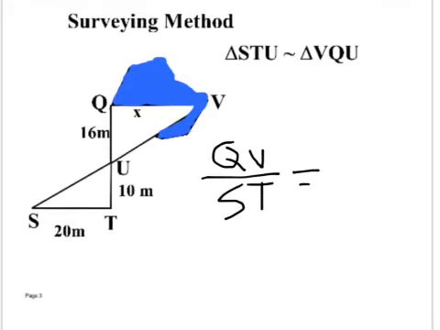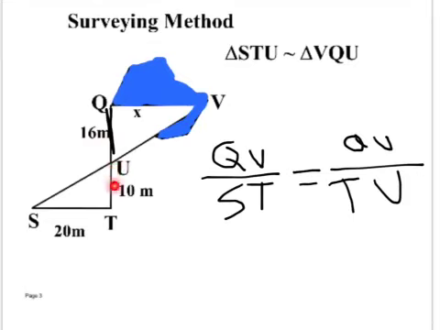It's going to equal another proportion, QU over TU. Because this side is proportional to this side, now we can find what X is. Is everybody with me?